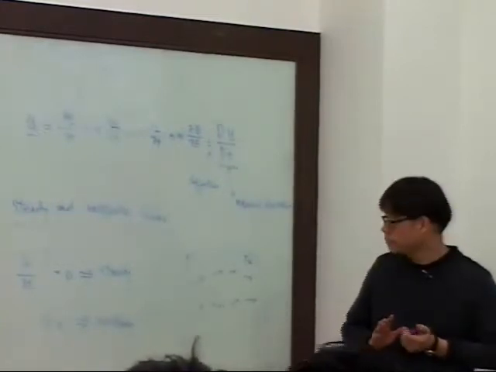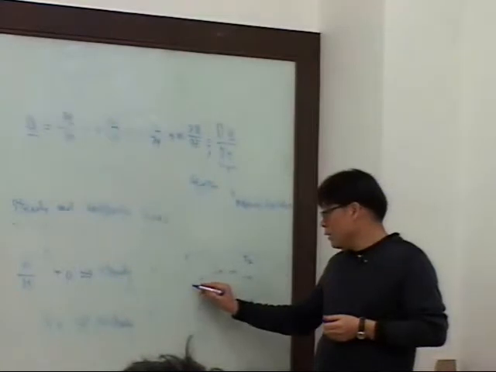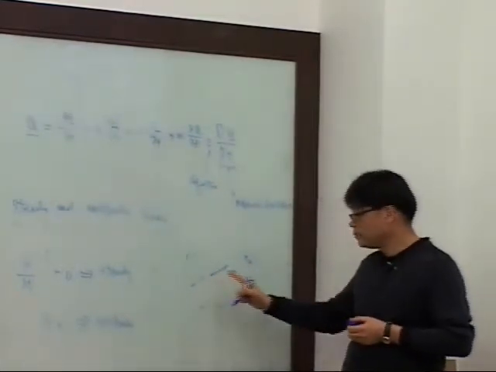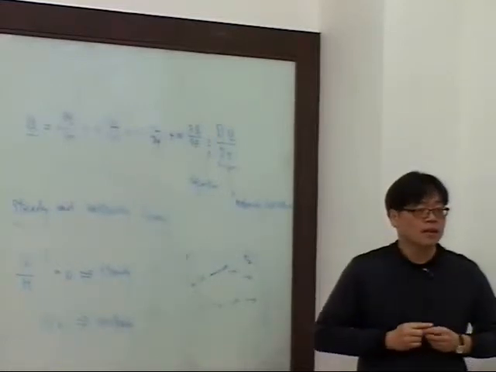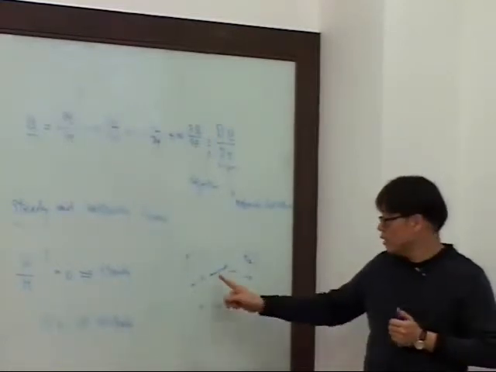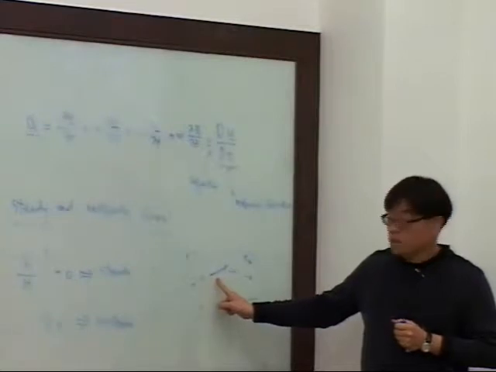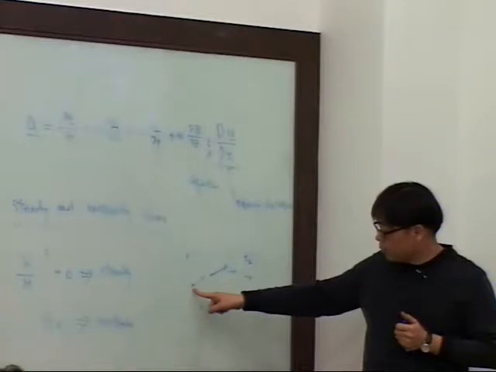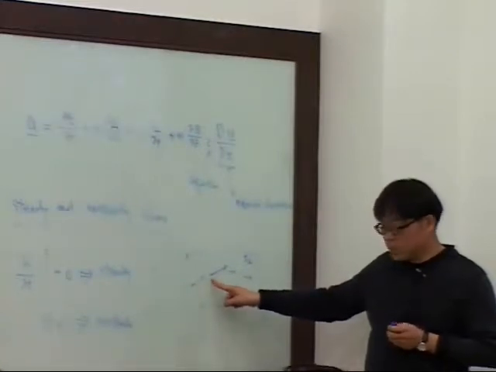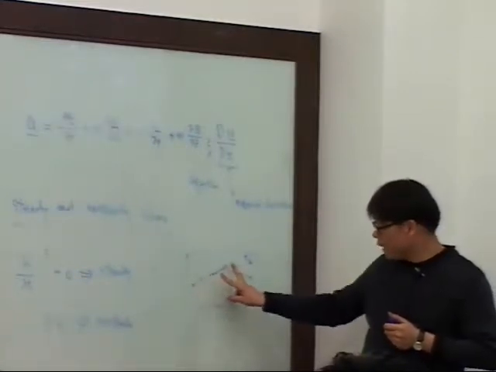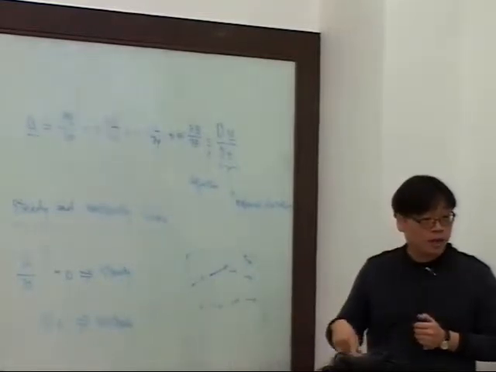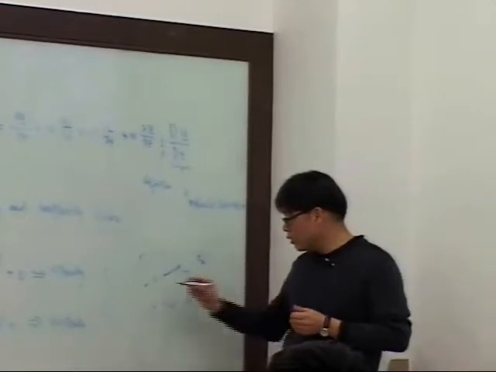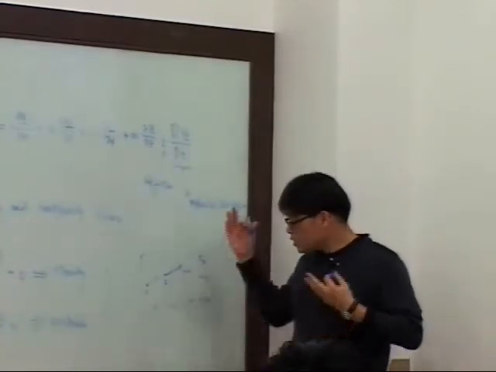But that doesn't mean the velocity at each position is the same. The velocity at this point is different from the velocity at this point in terms of length and in terms of direction as well. So this is steady flow.